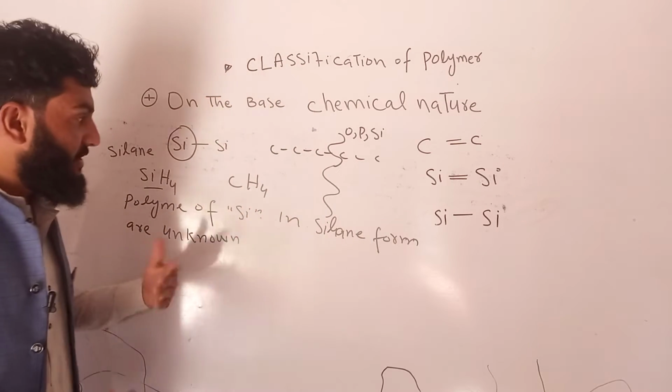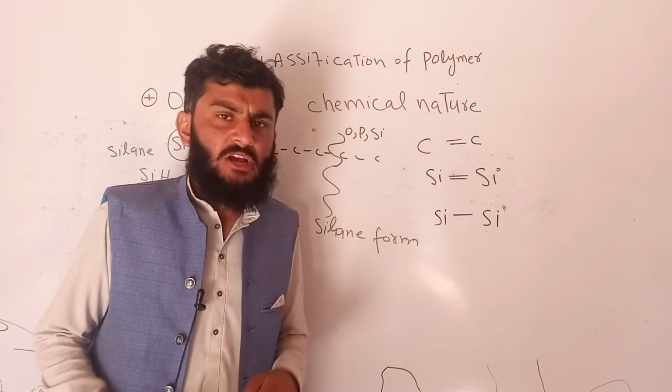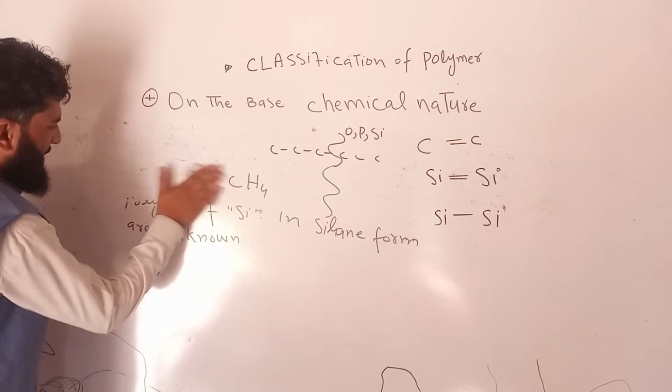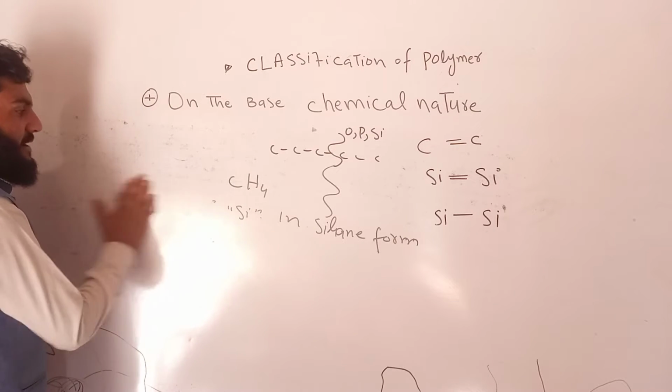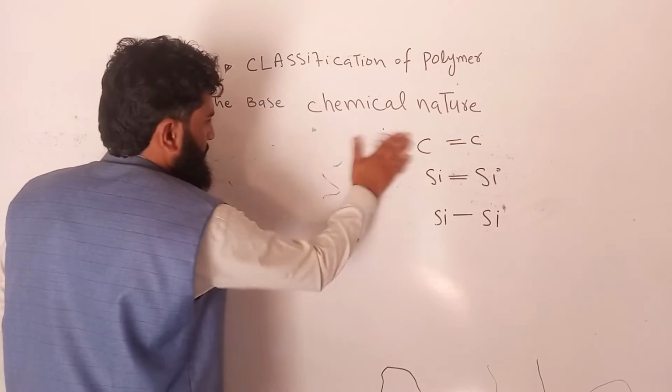So in what form does silicon exist in polymer form? You should know two types of words are used: number one, silicon, and second, silicone.